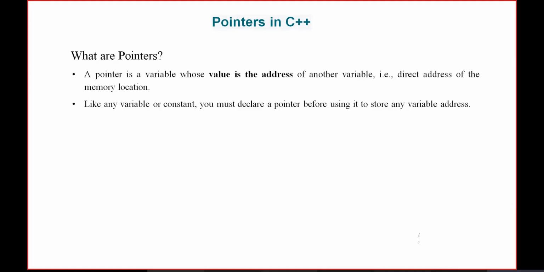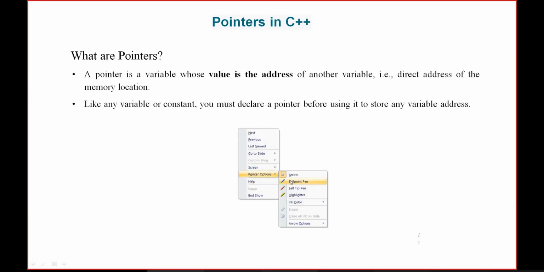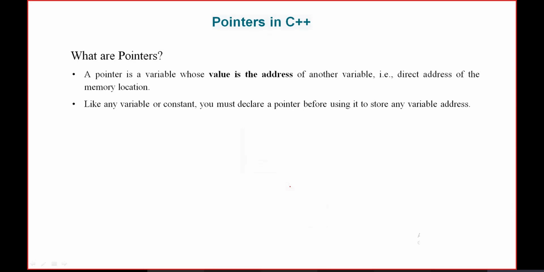Starting with the very basic concept of pointers, we already know that if we want to access the address of any given variable, then we will require a pointer to store that address of the variable by simply saying int a.